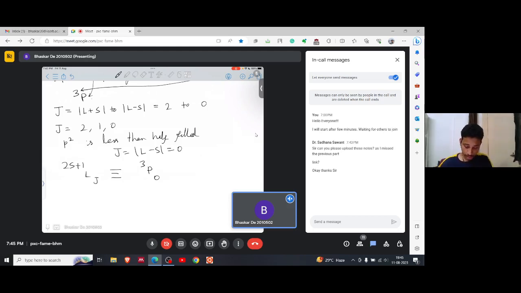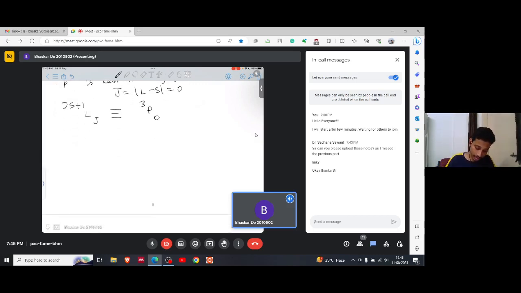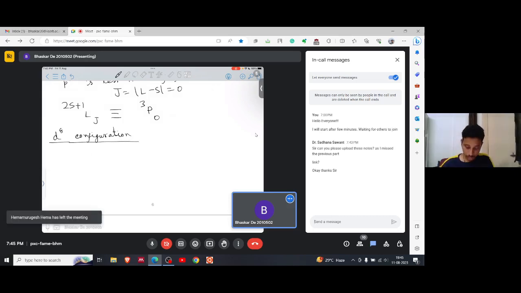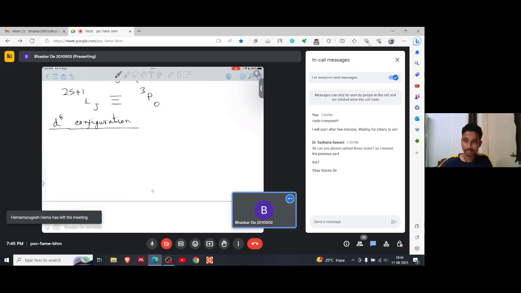Now again we can see another example, that is the D8 configuration. Earlier I discussed the D2 configuration, but now I am going to discuss the D8 configuration.